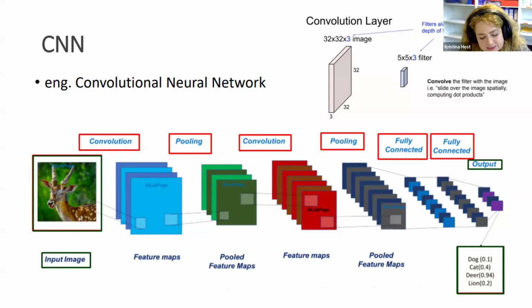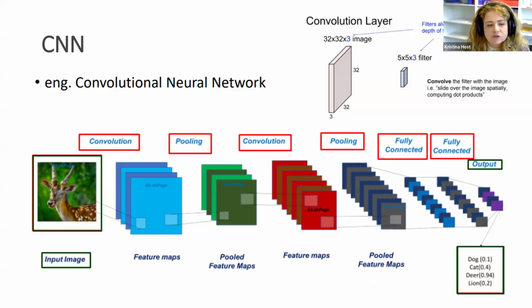Convolutional neural networks are a type of neural network specialized for various computer vision tasks, such as image classification, object detection, and similar. They are specialized for images and spatial data. So we will do some classification on images in our example.